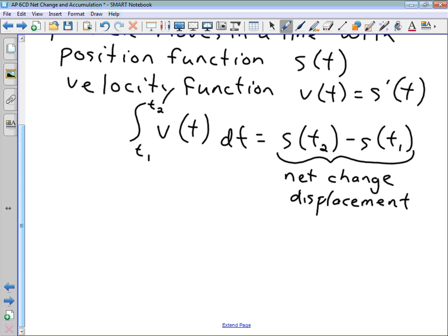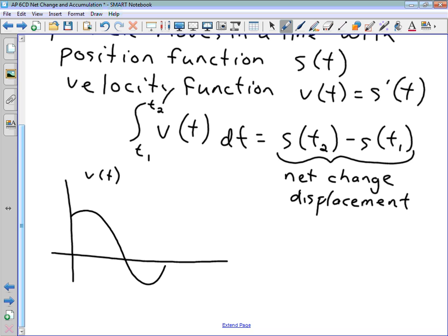It just depends on the locations at our two endpoints. Okay? So we could have some sort of velocity function that said that our particle starts up here and it goes down here and it goes up here and sort of ends up over here.